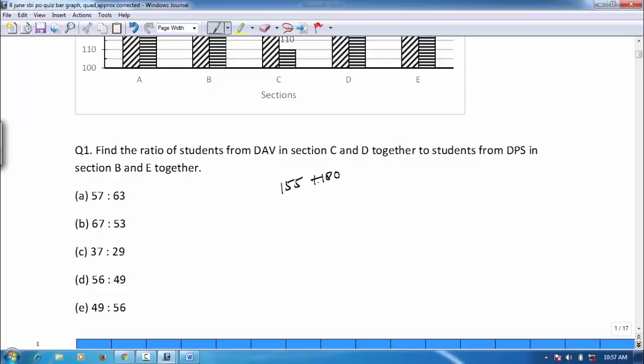So the total number of students from DAV in section C and D together will be 155 plus 180 upon total number of students in section B of DPS is 125 plus total number of students in DPS from section E are 140. So this will be 335 upon 265. That will be equal to 67 upon 53, and that is the required ratio.